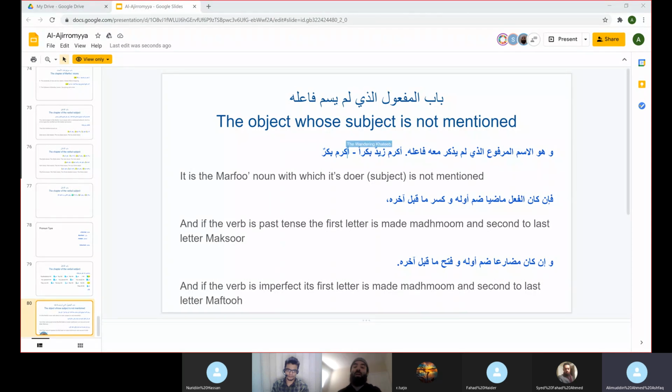So here, what I have done is I have removed the subject, and the only thing that's left is the object, right?